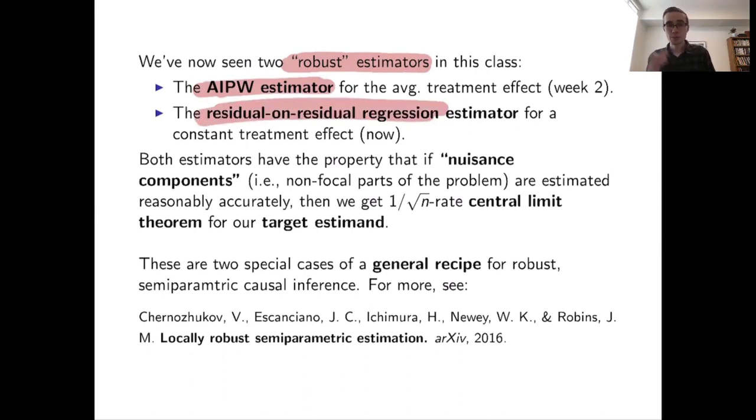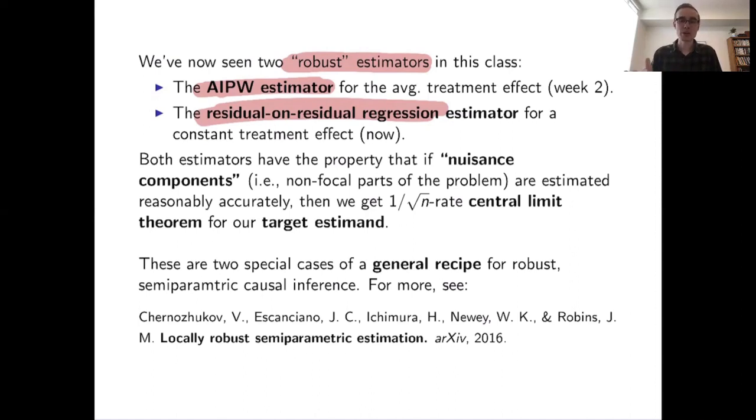Both of these estimators had very similar properties. We were working under the unconfoundedness or no unmeasured confounders assumption. Then we ended up in a semi-parametric type specification where we have a low dimensional object of interest, either the average treatment effect or the constant treatment effect parameter.